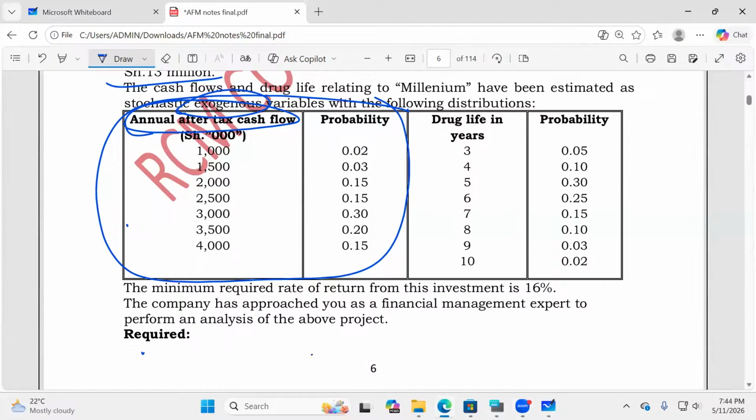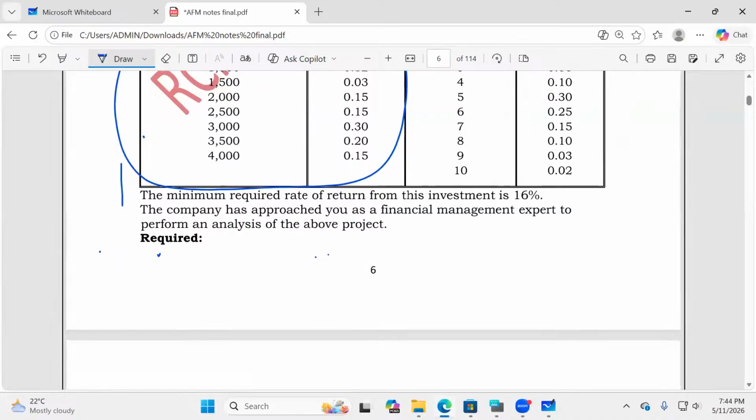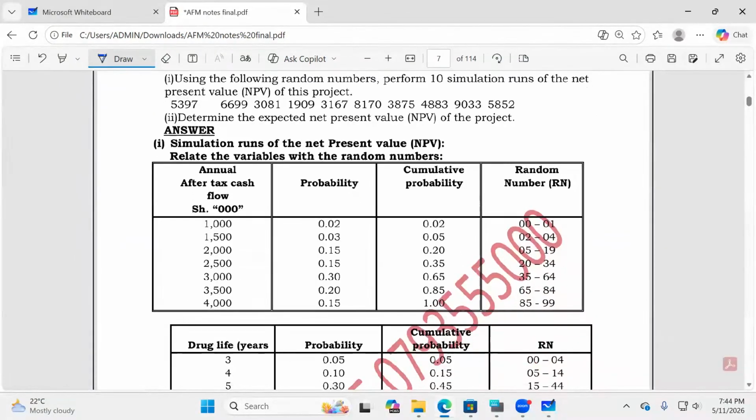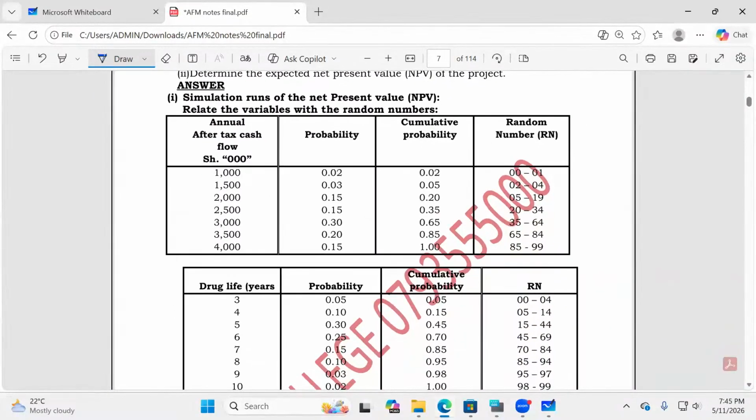Having copied this down, what do you think is expected of us? This is what I expected them to do as great ninjas. For the annual after-tax cash flows, we have the probabilities.